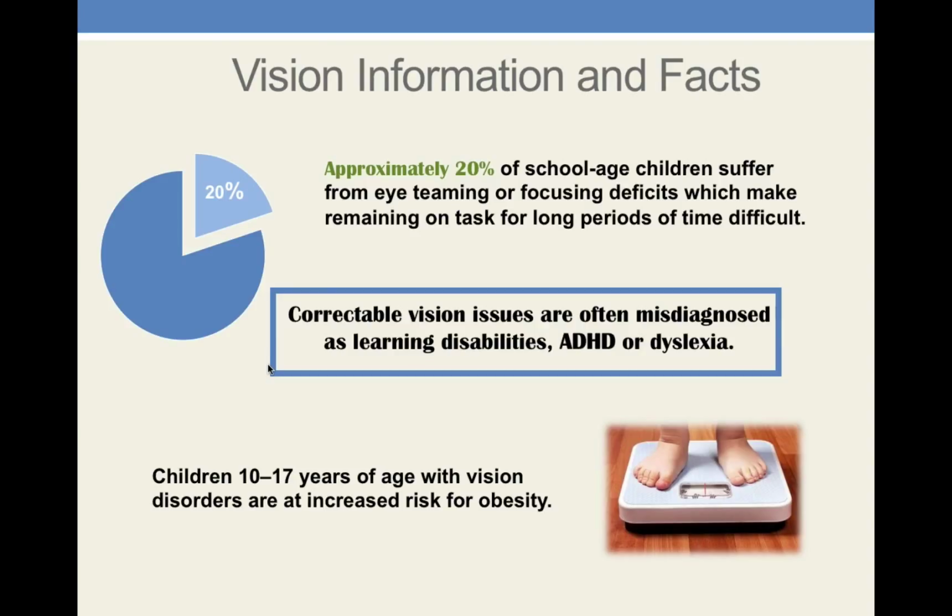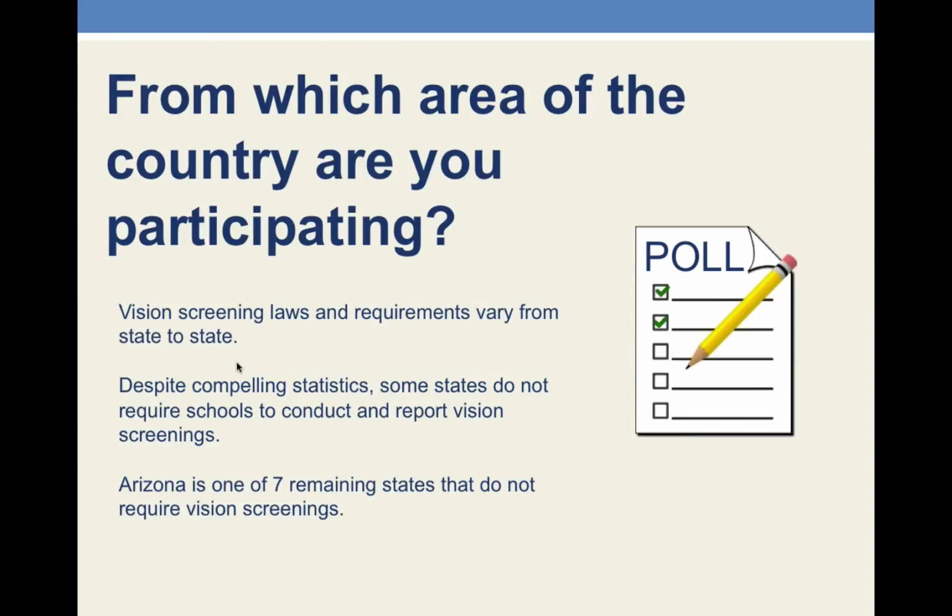Being a kid is hard enough, going through school is hard enough, and children often don't know that their world is not supposed to be blurry. Their frame of reference is a blurry world. So it's really not up to the children to tell us that they can't see. Quite honestly, it's our responsibility to determine whether or not they can.